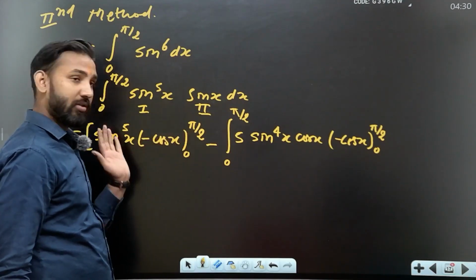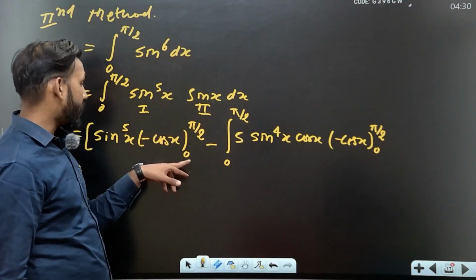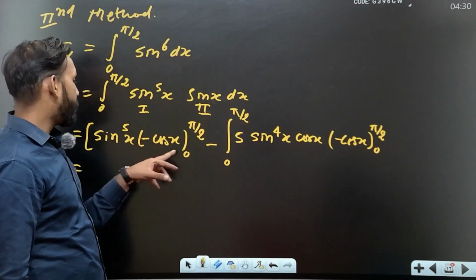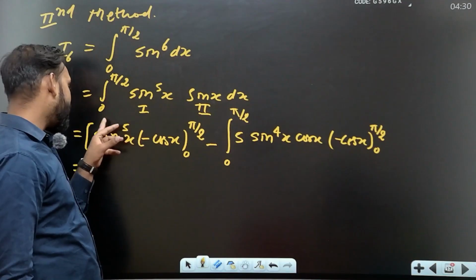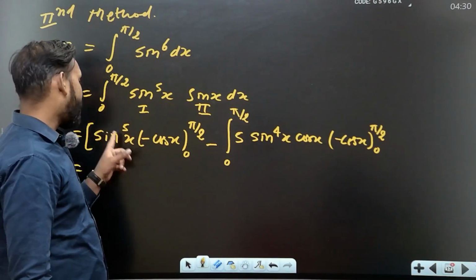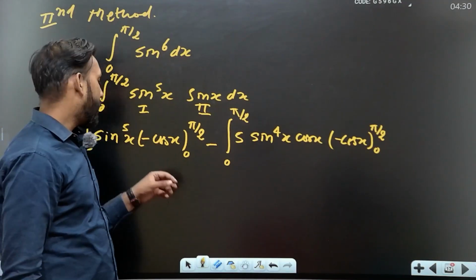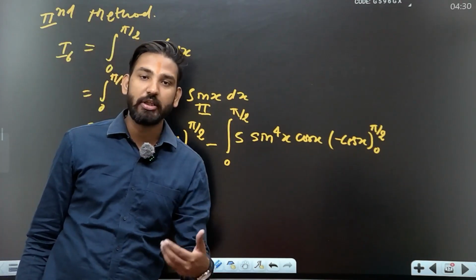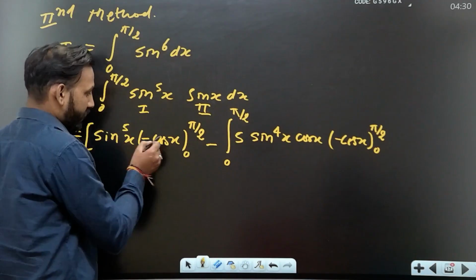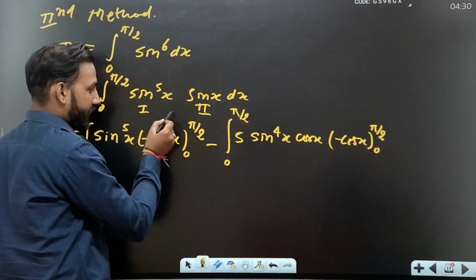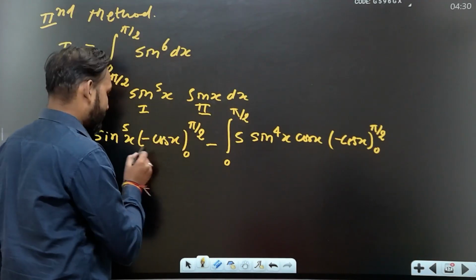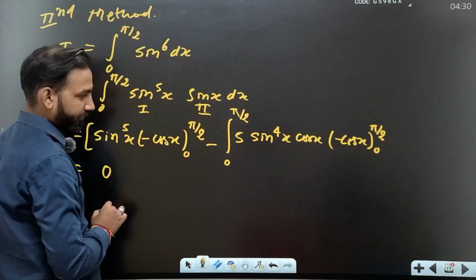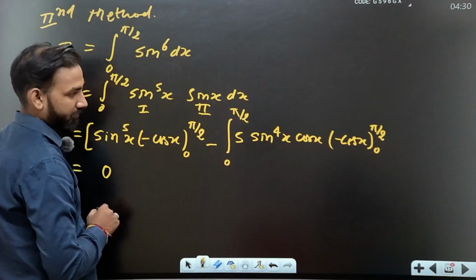Also if we put the lower limit 0 in sine, sine 0 is 0. Therefore 0 into something, because cos is 0 at pi by 2 and sine is 0 at 0, the whole limit term is 0. Okay, no problem.